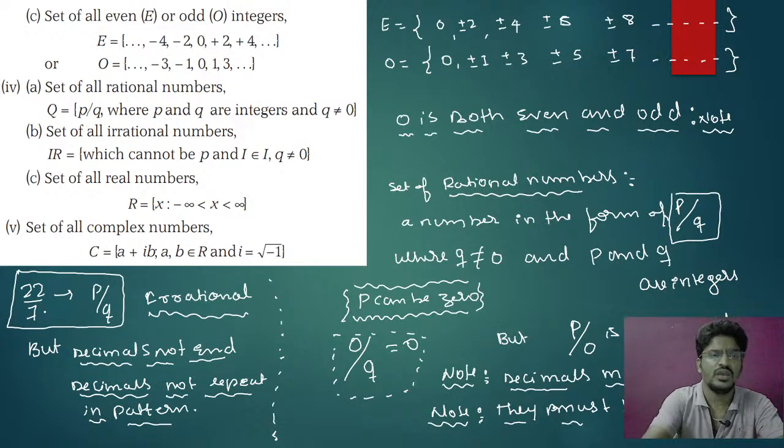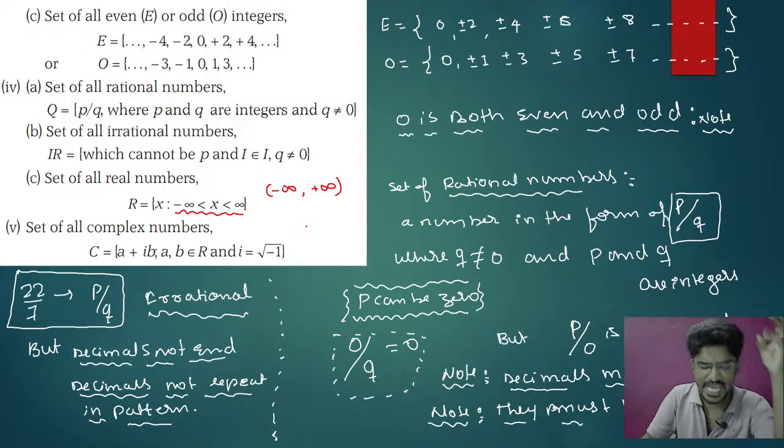In the same way, you can see the set of real numbers, that is from minus infinity to plus infinity. This is called the set of real numbers. In this, naturals, integers, rationals, irrationals, all the numbers are included, leaving complex.